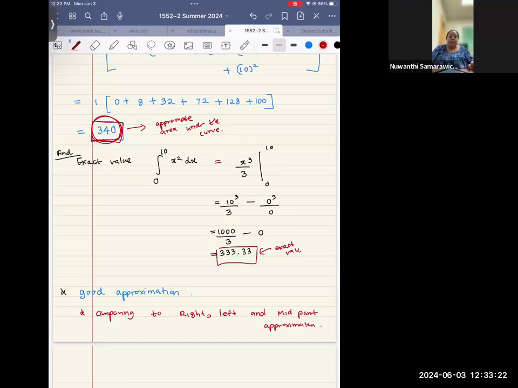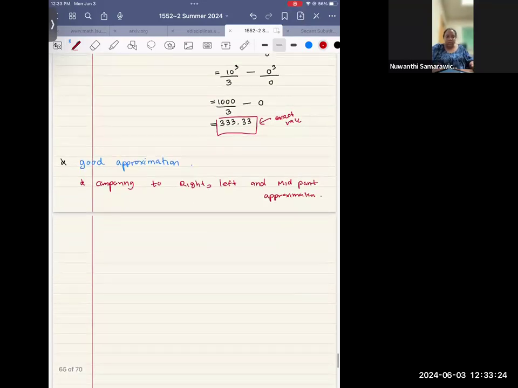Okay, let's do another approximation rule, that is Simpson's rule. So let's do this by an example again.